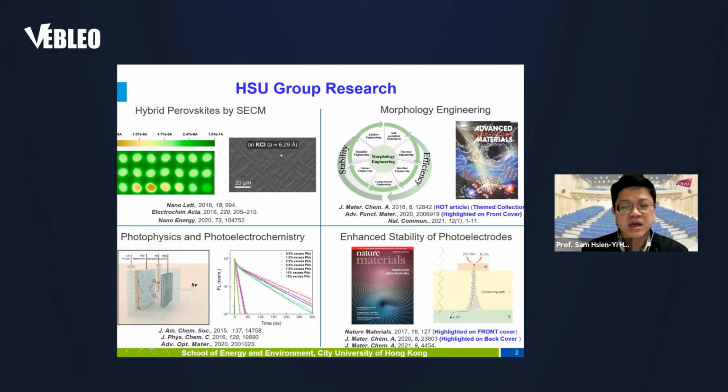As you may know, the hybrid perovskite has the chemical formula of ABX3. So the number of possible hybrid perovskites is enormous. So we use this high throughput scanning electrochemical microscope to screen out the potential hybrid perovskites for further studies.